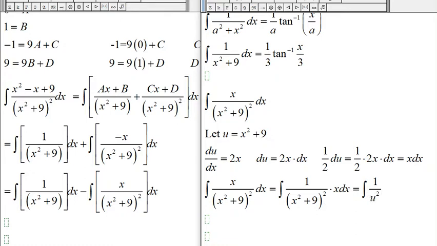And then x dx is 1/2 du. And then we can move the 1/2 and place it in front of the integral. And then 1 over u squared is the same as u to the negative 2 du.